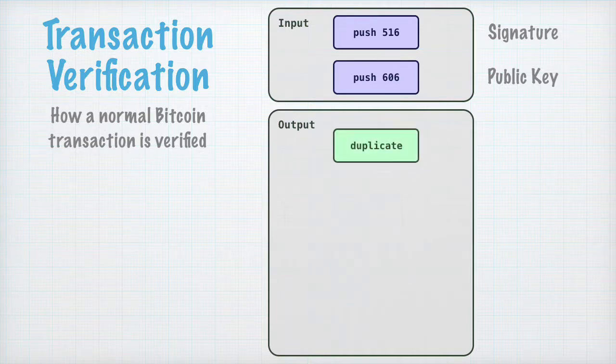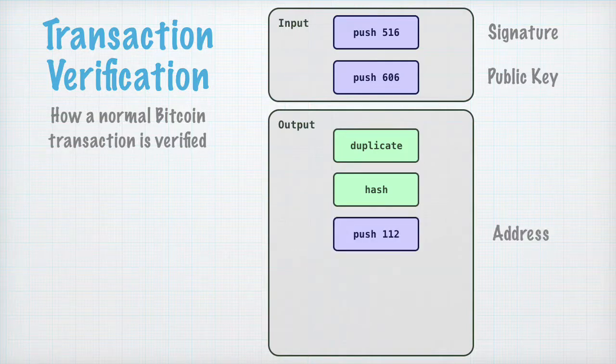The output contains a number of instructions: a duplicate, which will duplicate whatever is on top of the stack; hash, which in the Bitcoin manual is referred to as hash 160, which, if you supply a public key on the top of the stack and you hash this, you will get the equivalent Bitcoin address. So if you give it Alice's public key, it will produce Alice's Bitcoin address.